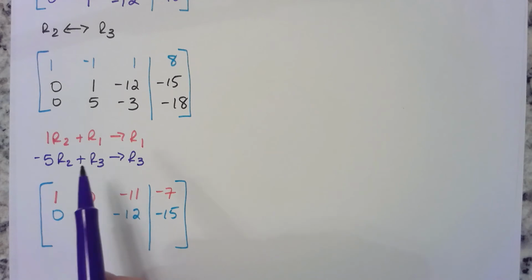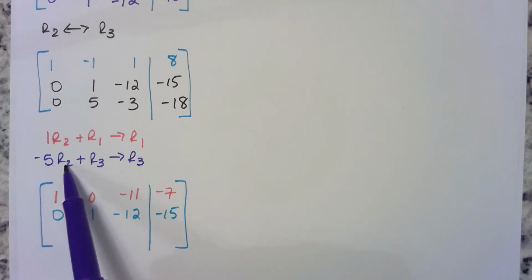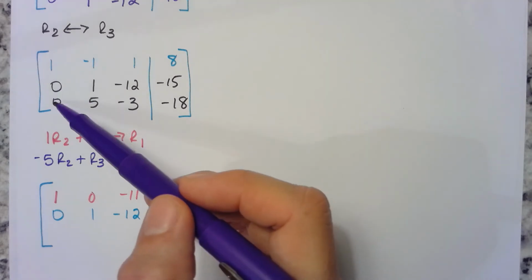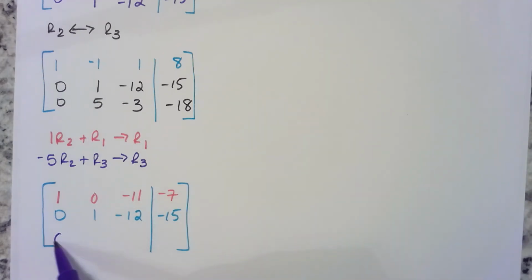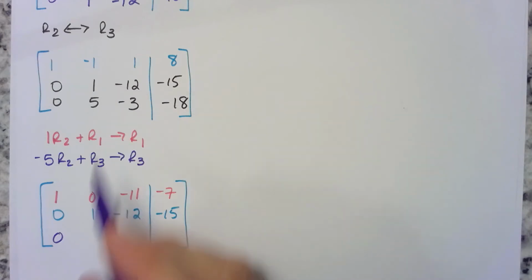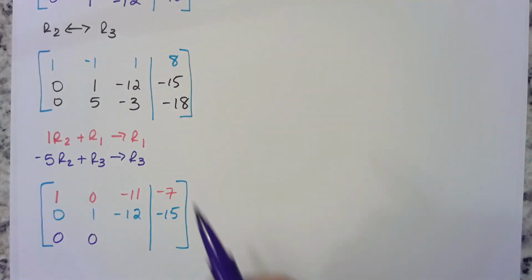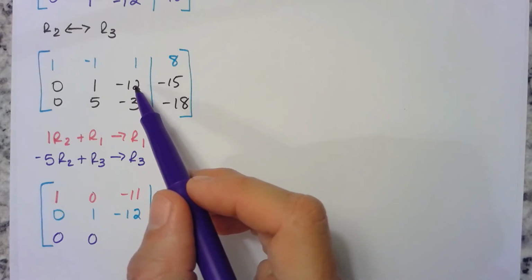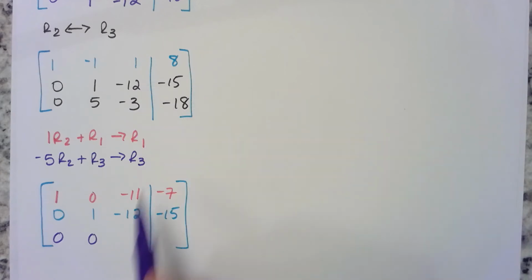Now we do row 3. Negative 5 times row 2 plus row 3. Negative 5 times 0 is 0, plus 0 is 0. Negative 5 times 1 is negative 5, plus 5 is 0. Negative 5 times negative 12 is a positive 60, minus 3 is 57.